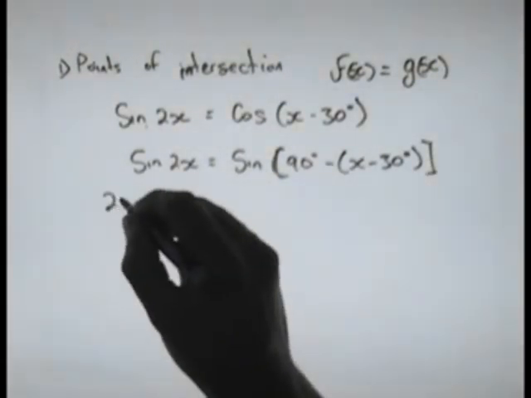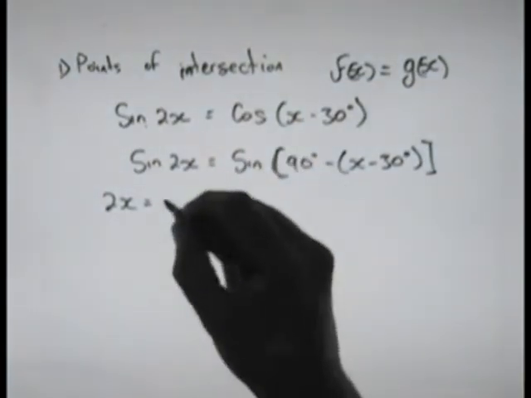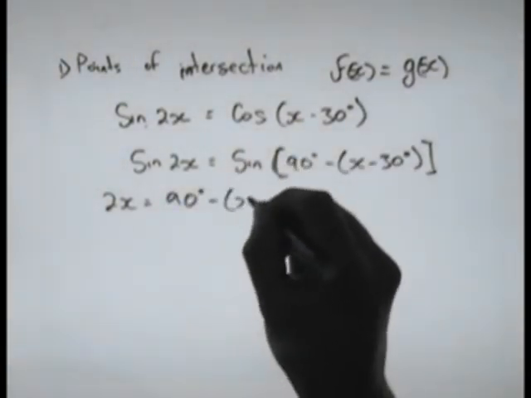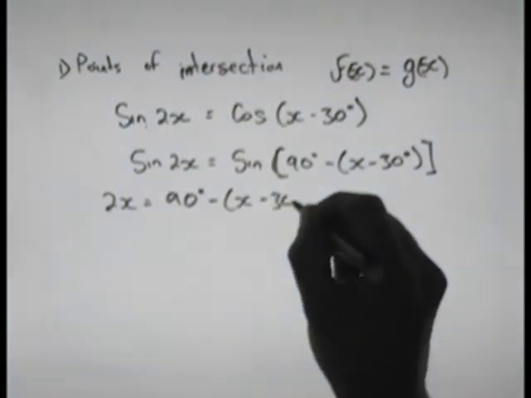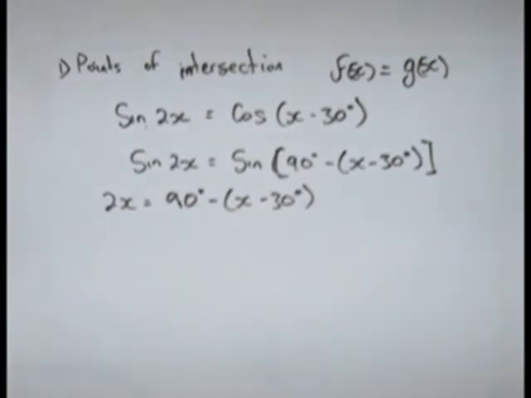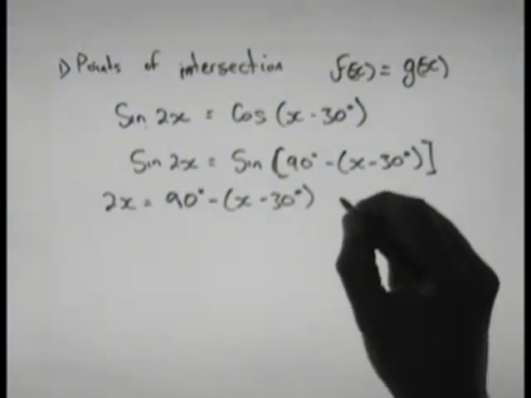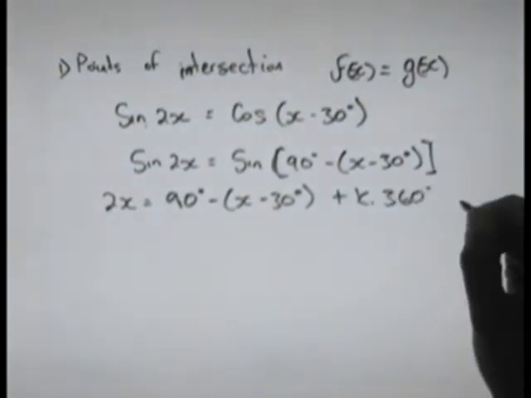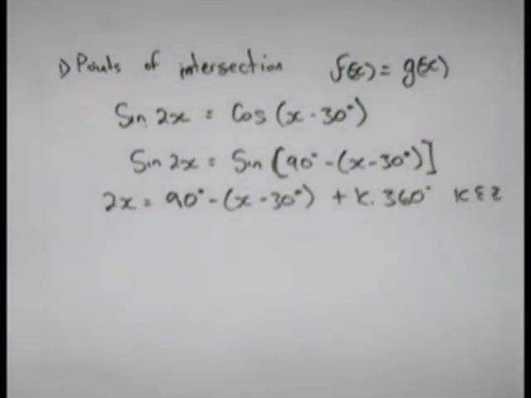We can now drop the signs on one condition. We use general solution. So there's two possible solutions. The one is 2x is equal to 90 degrees minus x minus 30 degrees, and this is in quadrant 1 plus k times 360, where k is an element of integers.